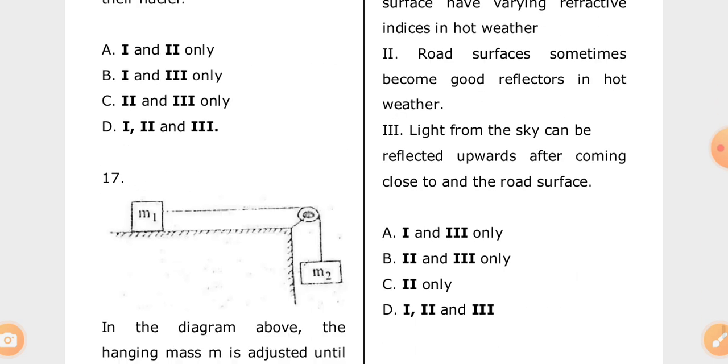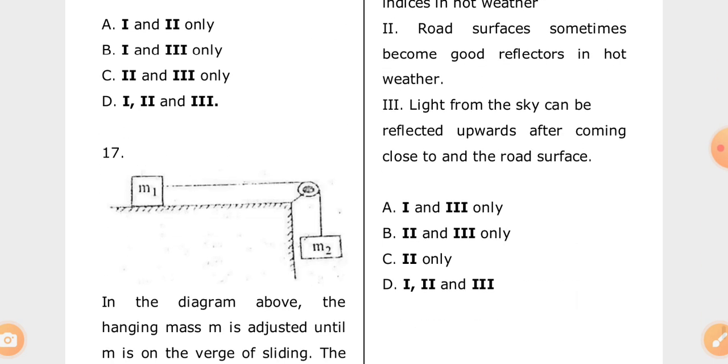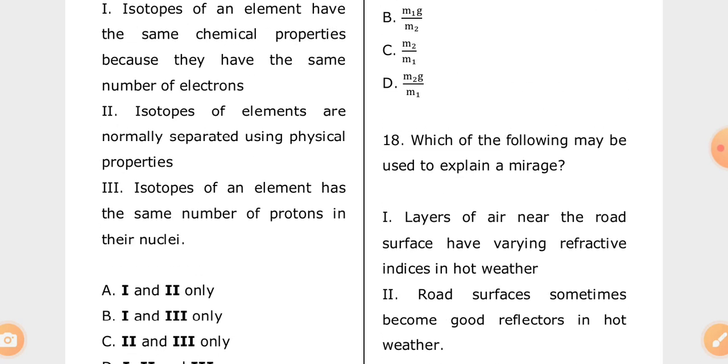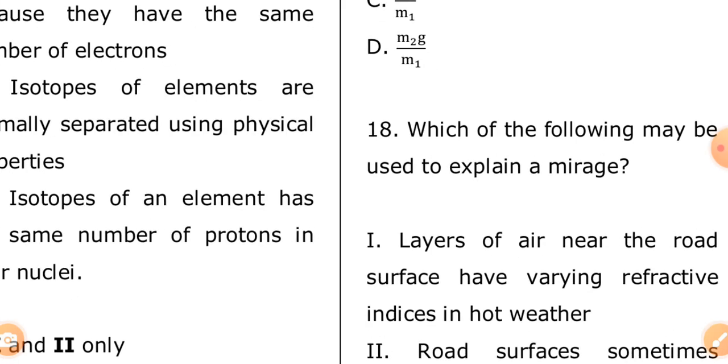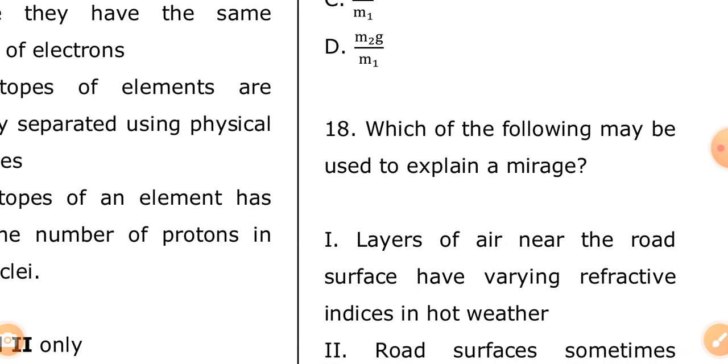Okay, let's look at the next question, the next theory question, question number 18. Which of the following may be used to explain a mirage? If you have entered a car and you are traveling on a very sunny day on a tarred road, you must have experienced a mirage several times. Which of the following may be used to explain a mirage?